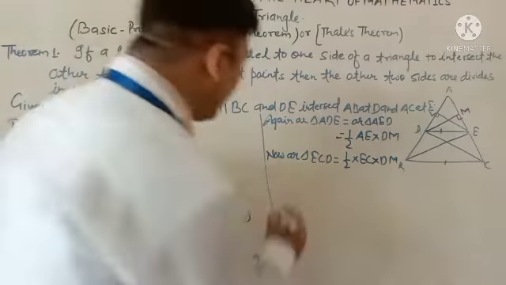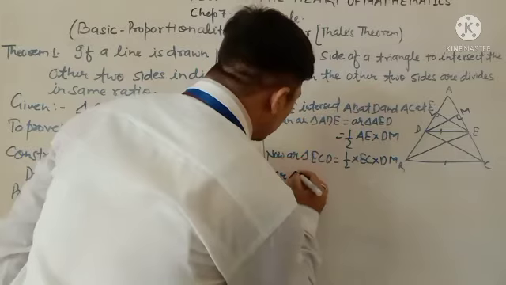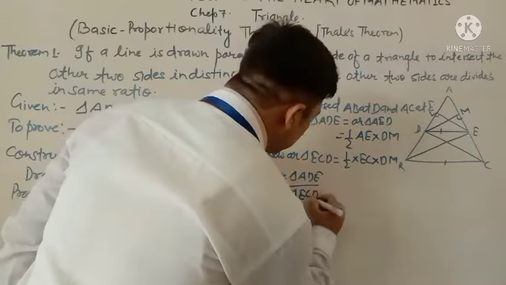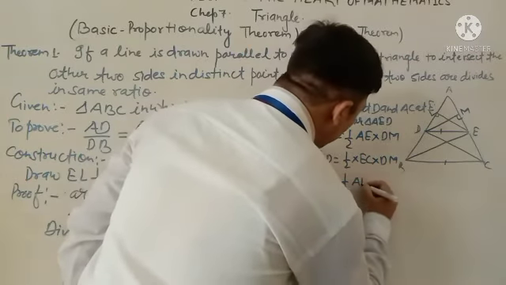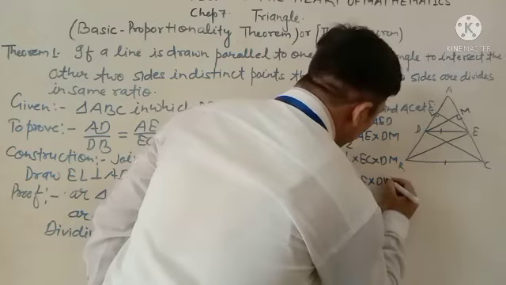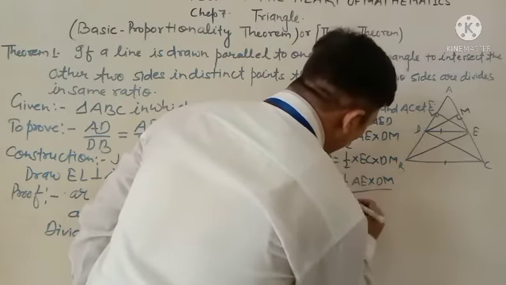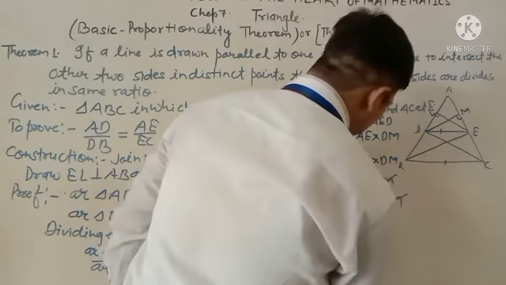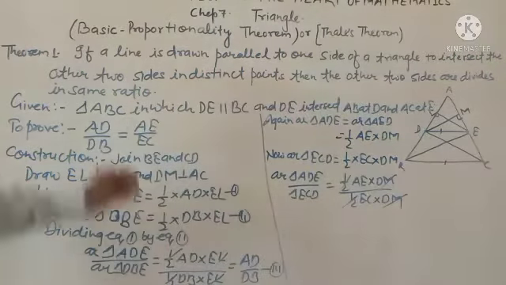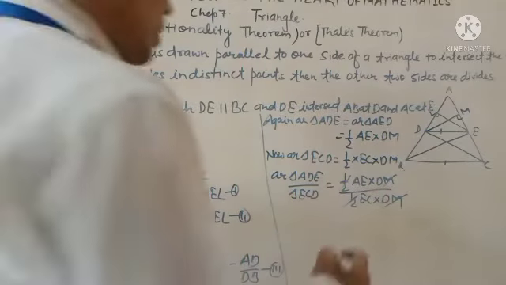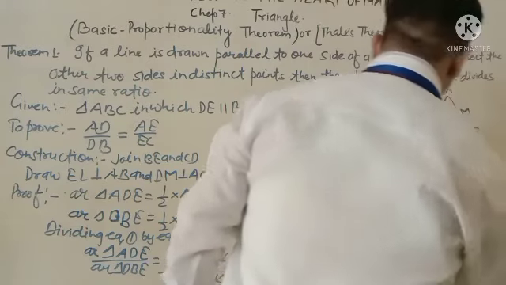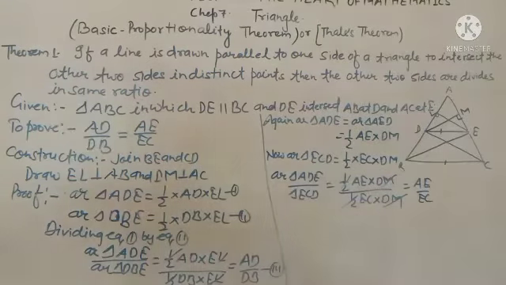Now again, area of triangle ADE upon area of triangle ECD is half AE into DM upon half EC into DM. DM cancels, half cancels. This is equal to AE upon EC.